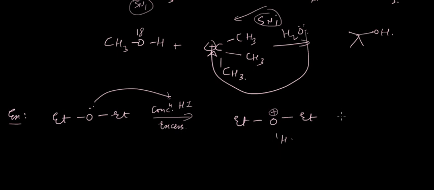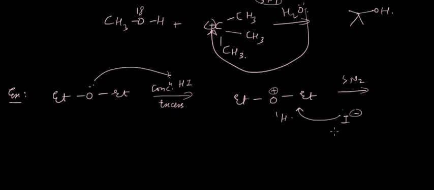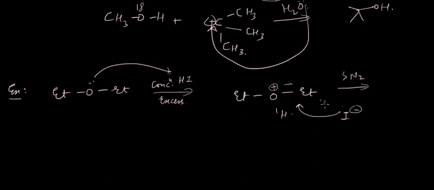Next, via SN2 mechanism, I minus would actually attack from the back side on any of the ethyl groups. Let's say it attacks on this ethyl group, hence the bond cleavage would be this one, and the bond formation would be between these two atoms. So we would get EtOH plus EtI.